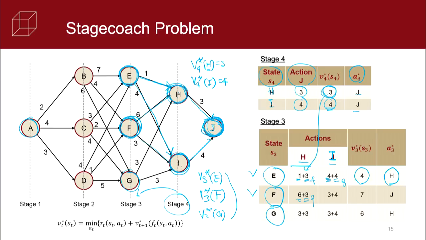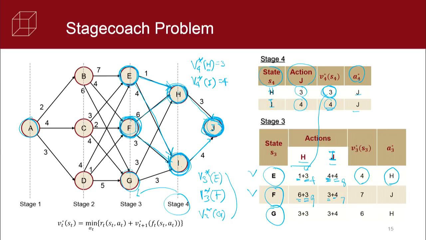On the other hand, from F, if you choose action I, then it takes 3 days. So 3 must be the immediate cost. And you already have the length of the shortest path from I to J, which is 4. So you have 7 in total.